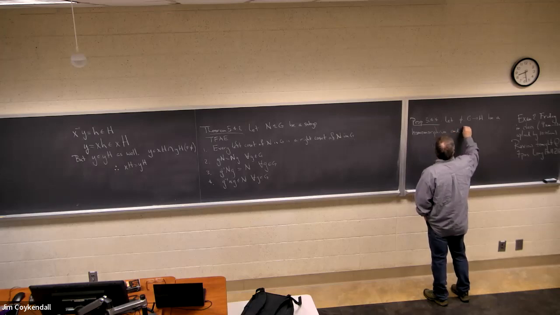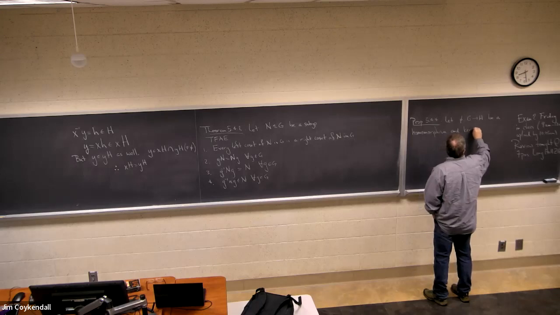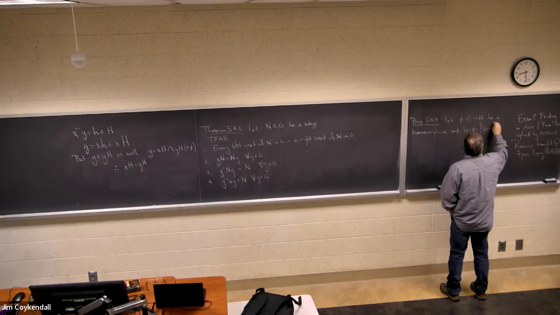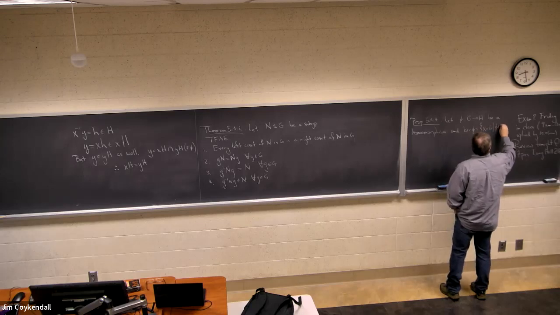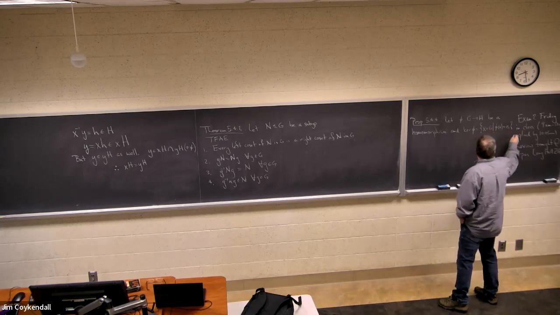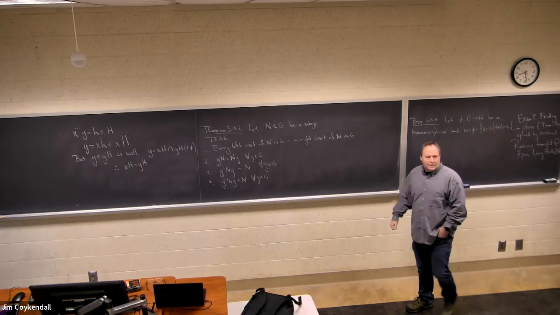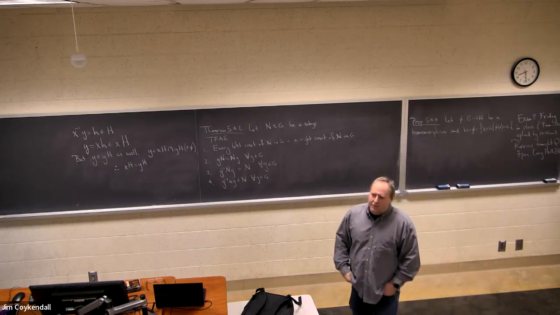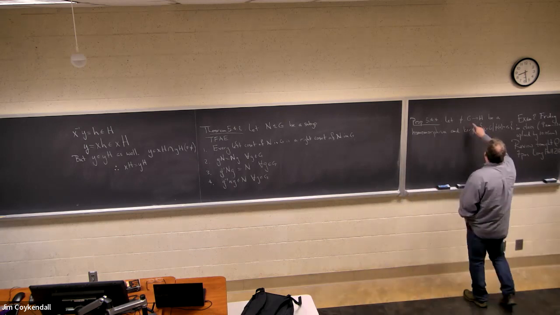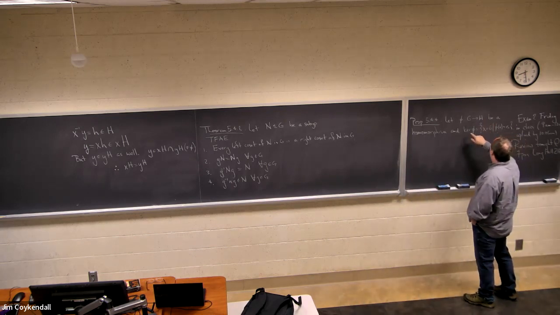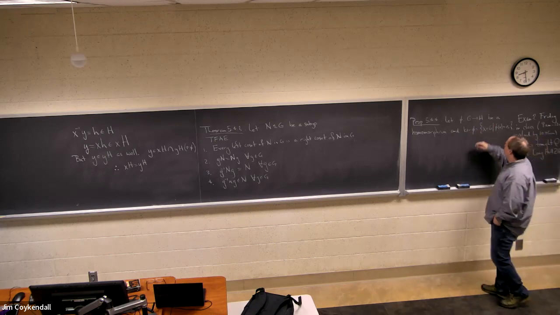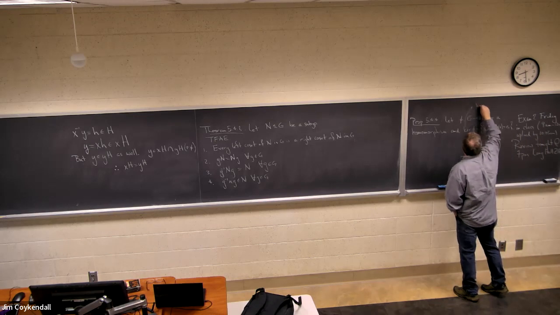And the kernel of phi, this is the set of x in G such that phi of x is the identity of H. So suppose that we have a homomorphism G to H, and I am going to define the kernel of phi. This is something that you're going to need to know. This is called the kernel.